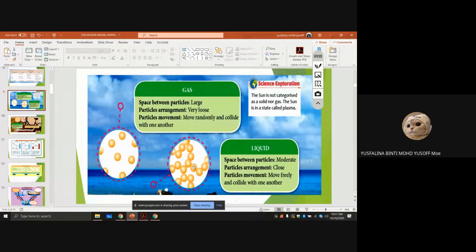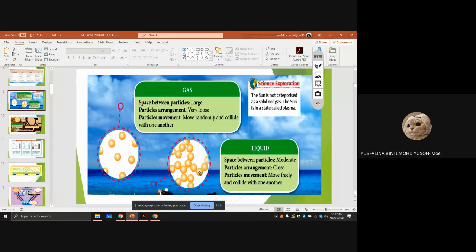Take these two particles, they have a force of attraction between them. When they vibrate and gain enough energy, the bond will be broken, meaning you have overcome the force of attraction between the molecules.